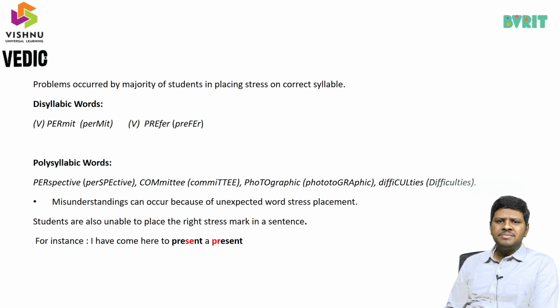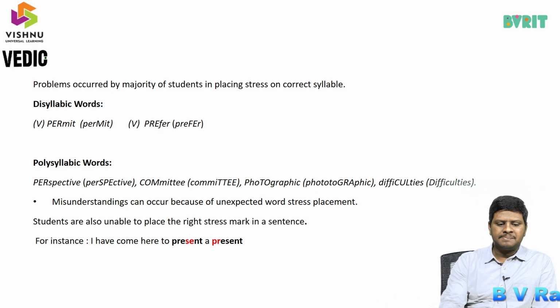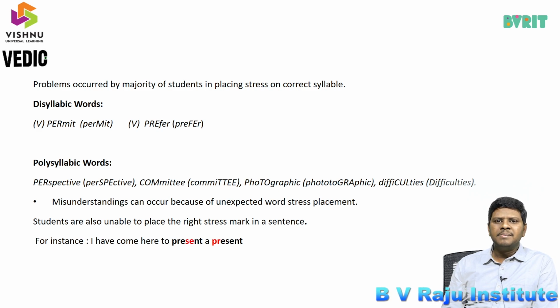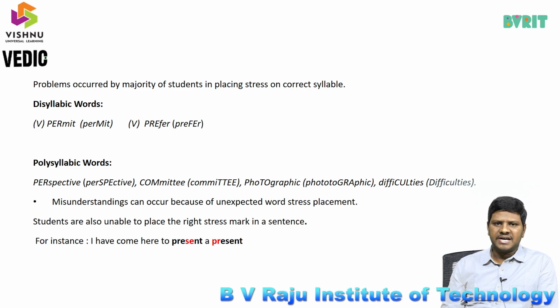Here, problems occur for most of the students in placing stress on the correct syllable in disyllabic words. You can see here permit and prefer. These are two disyllabic words, and when they want to use them as verbs, they are highlighting the first syllable, which comes under the noun category.